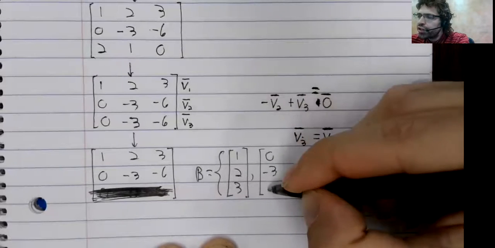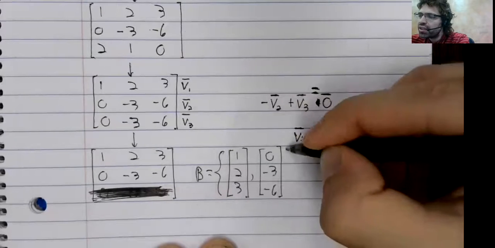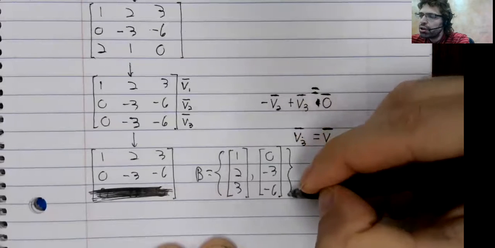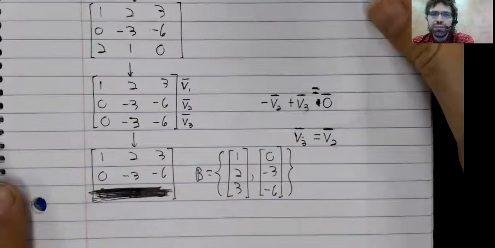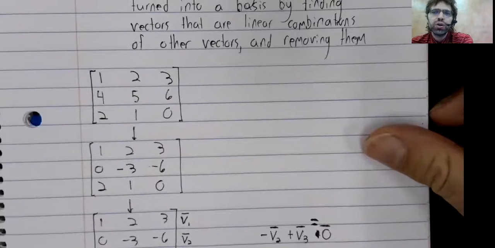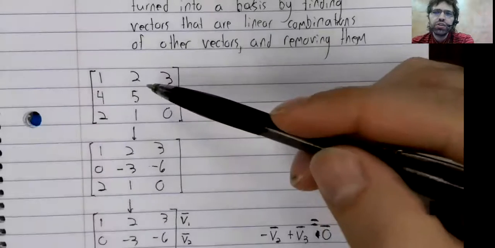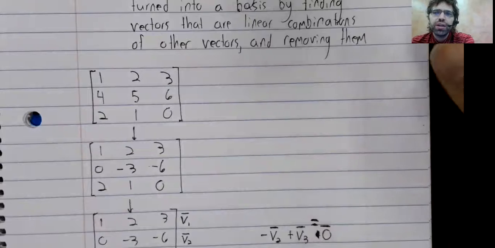Notice a difference between finding row spaces and finding column spaces. With column spaces, you performed the Gaussian elimination to find the pivot positions, but then you had to go back up and use the original matrix.